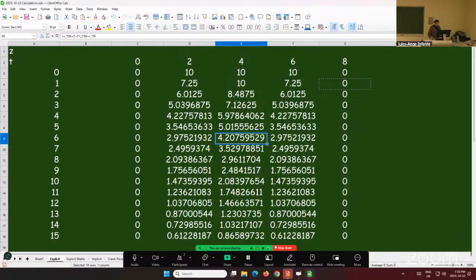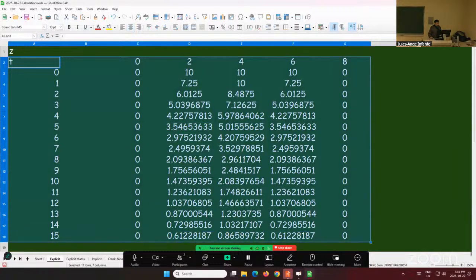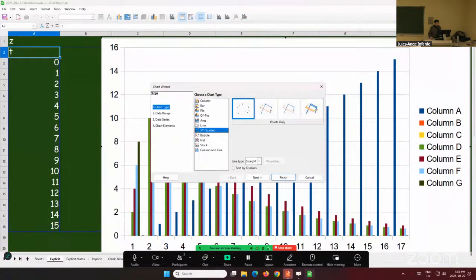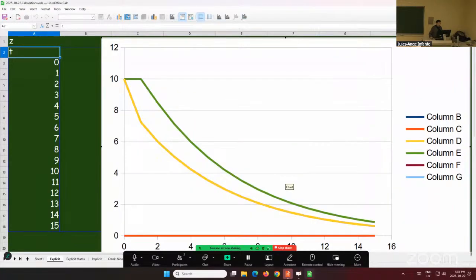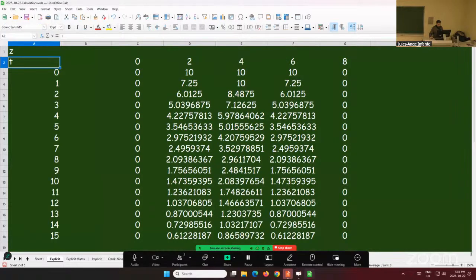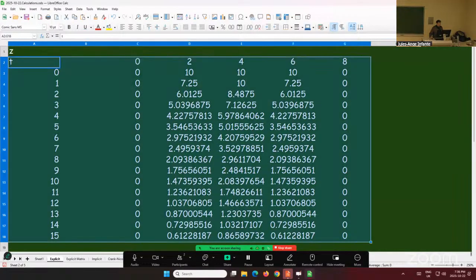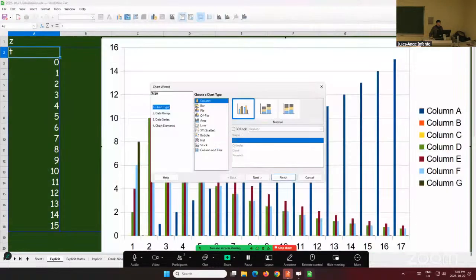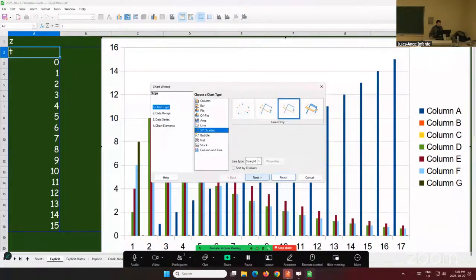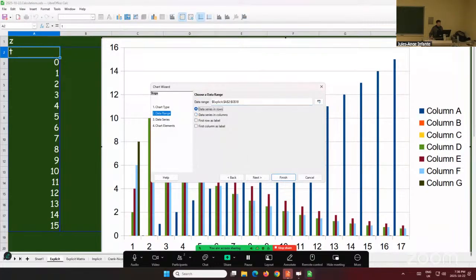Now they should all look okay. Insert chart, XY scatter. There you go, that looks much better.